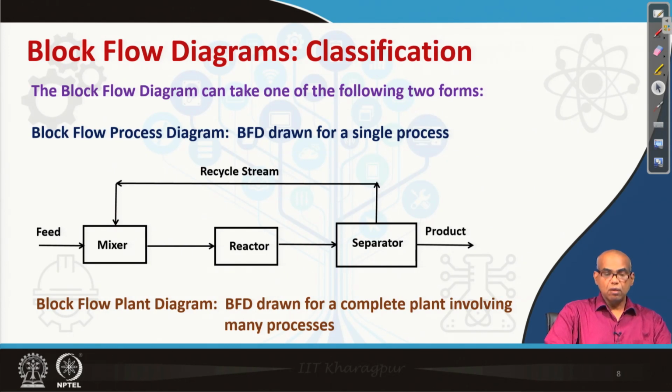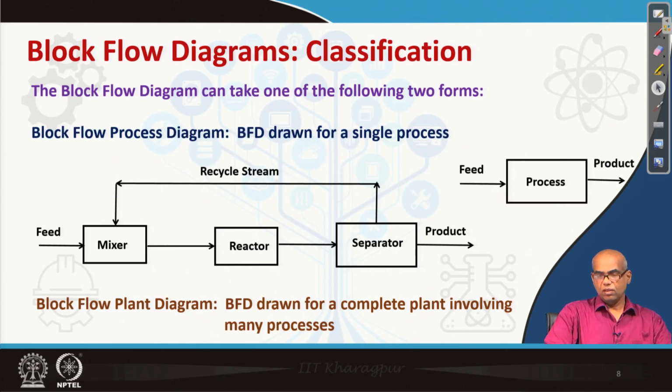So, there is a mixer, reactor and separator, each represented by separate blocks. We can also use a single block to represent the entire process. So, feed goes into the process, product comes out of the process.